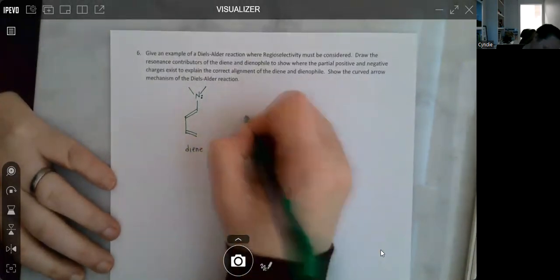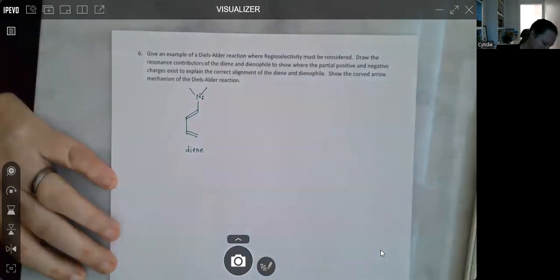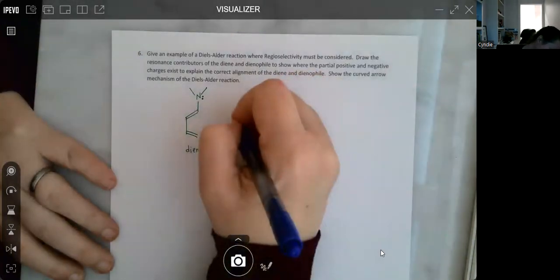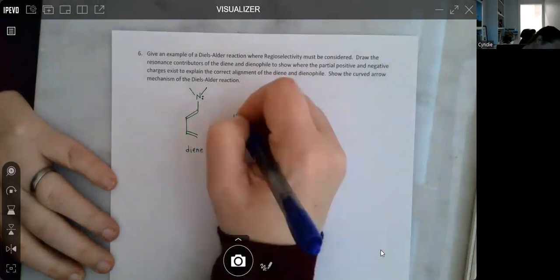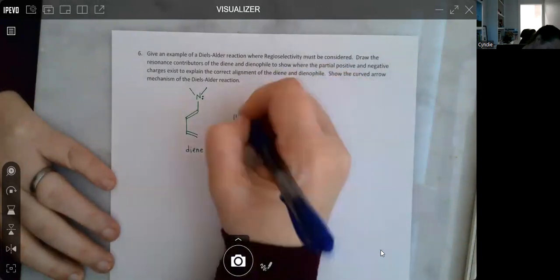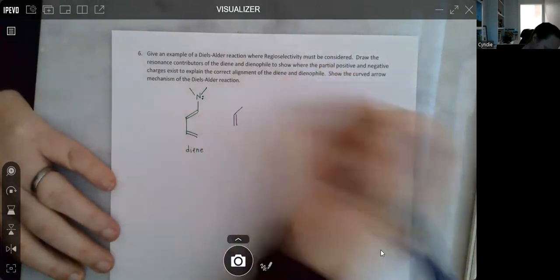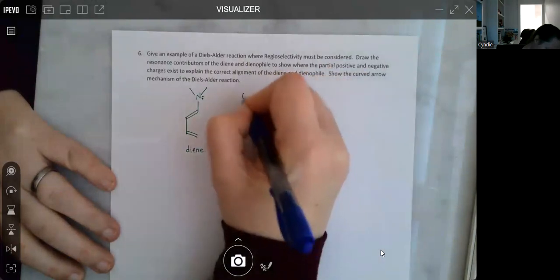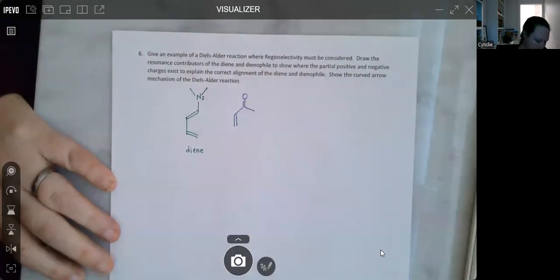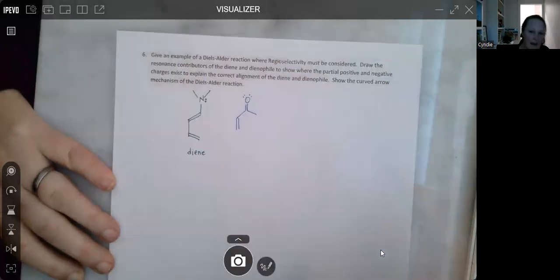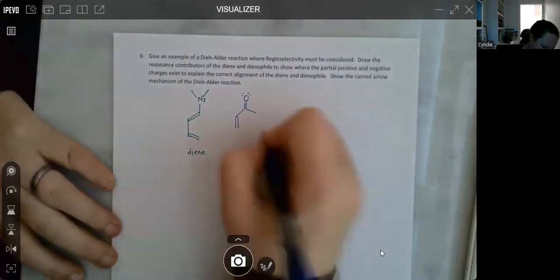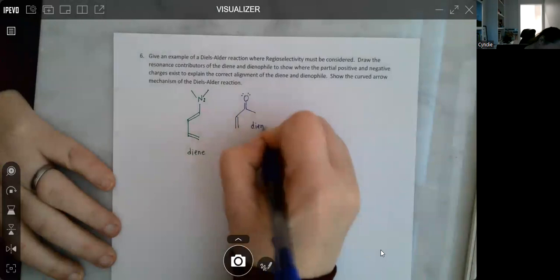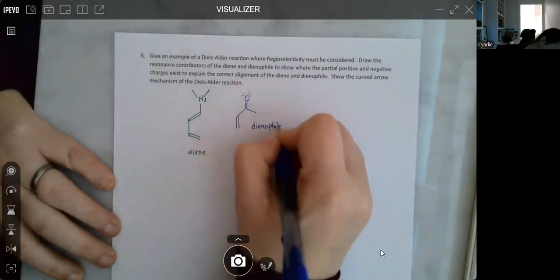And then I'm going to use maybe a different color for the dienophile. I am going to use an aldehyde or ketone. Maybe I'll use a ketone. Doesn't matter. Okay, so this is the dienophile.